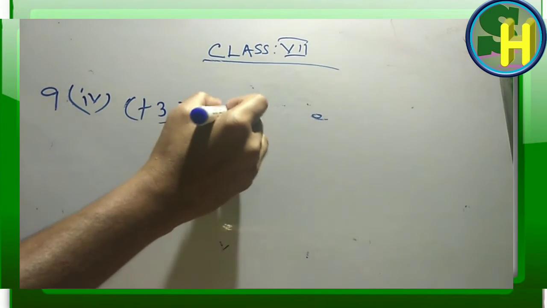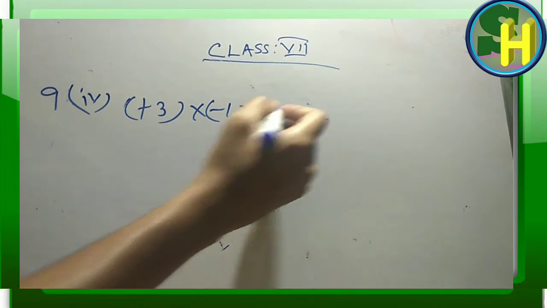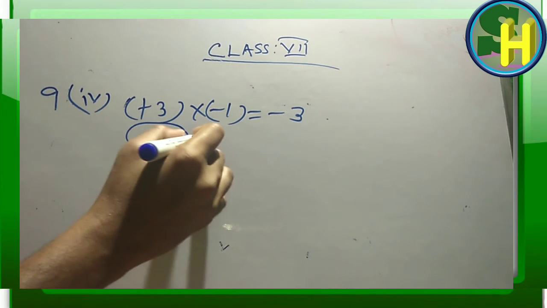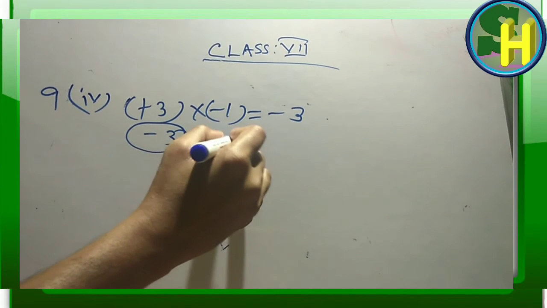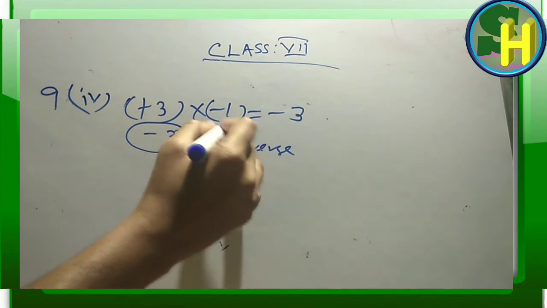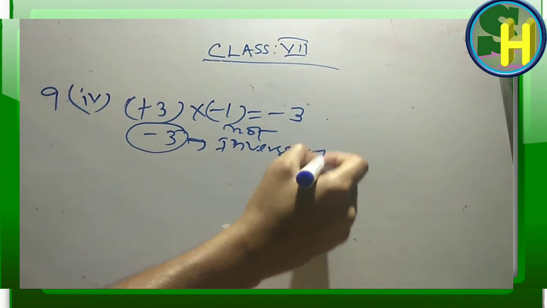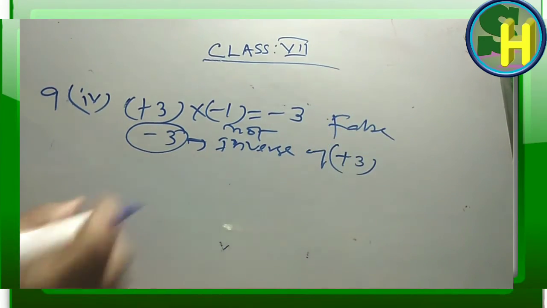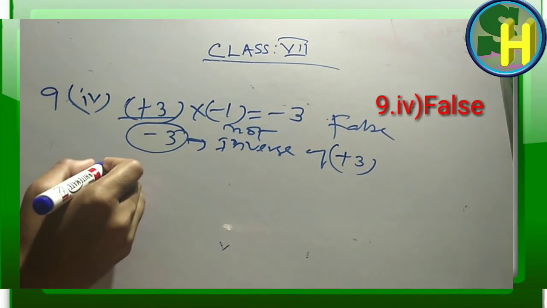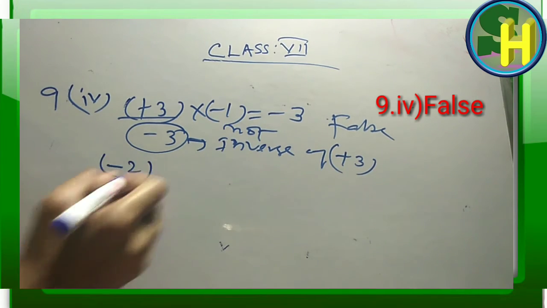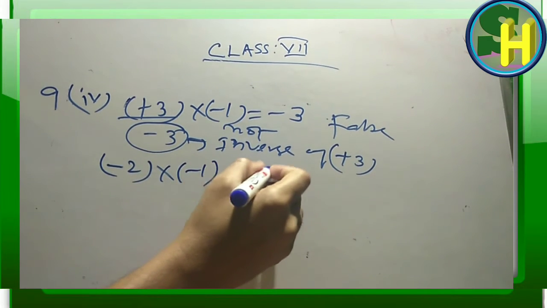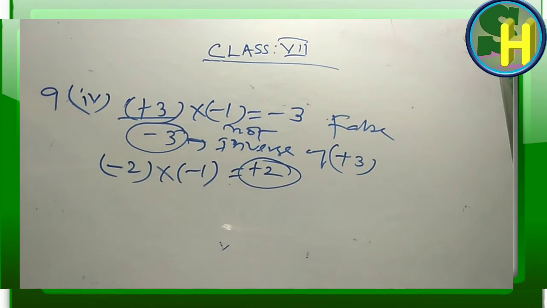I am multiplying by minus 1. We are getting minus 3. So minus 3 is not the inverse of plus 3. So this is false. Again I am taking a negative integer, minus 2, also multiplied by minus 1. This is plus 2. This is also not an inverse of that particular number. So this is false.